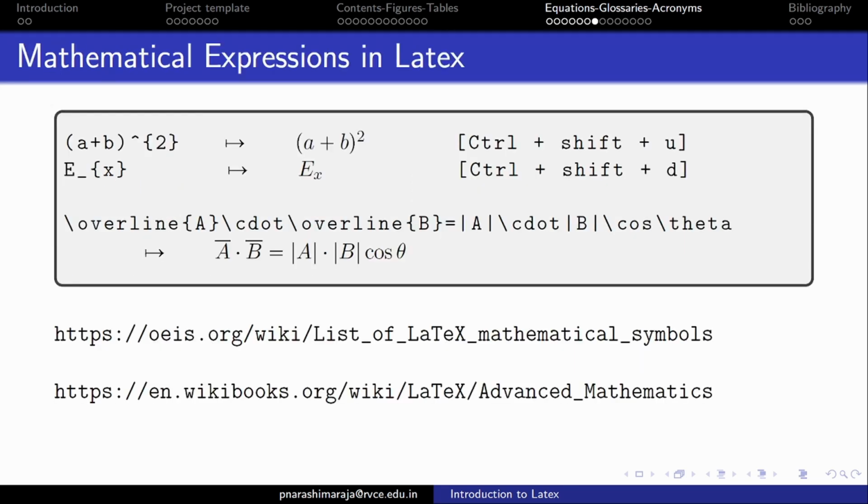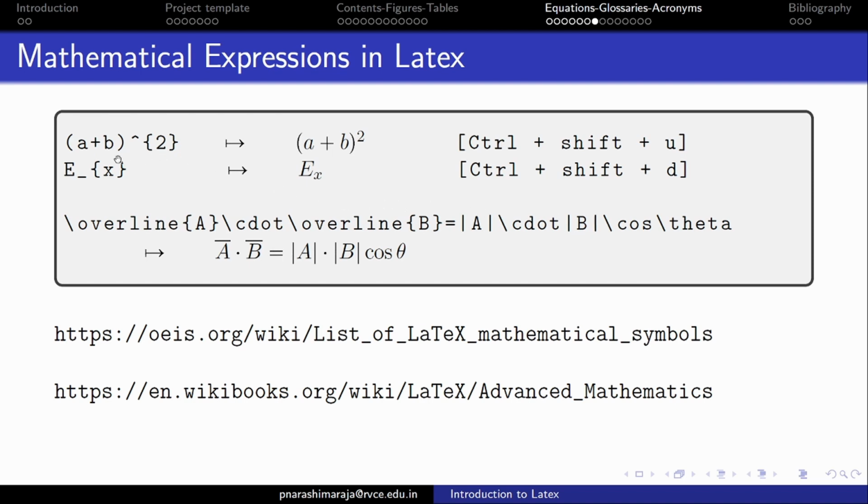Now let's see how to write mathematical equations which can be used either inside the non-inline equation environment or inside the inline equation. Along with this, we will discuss the shortcut keys that can be used to quickly write the expressions.